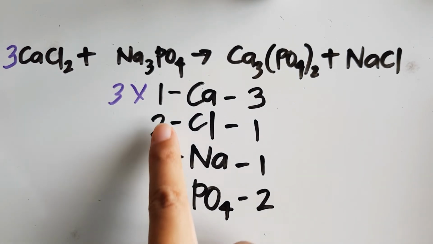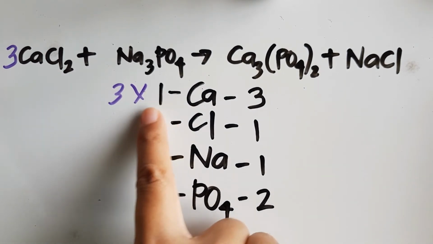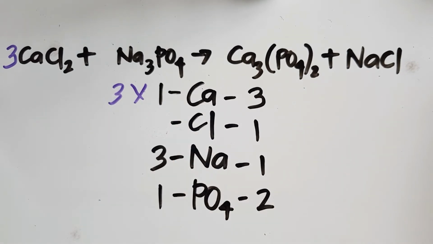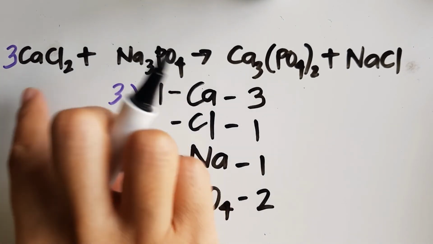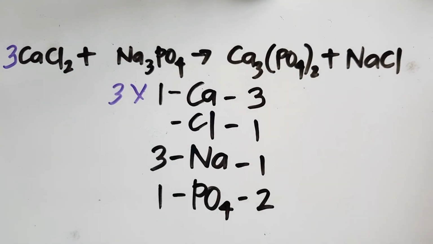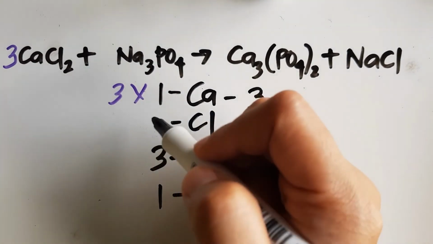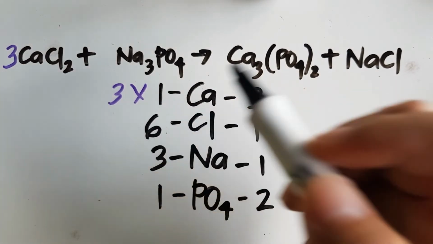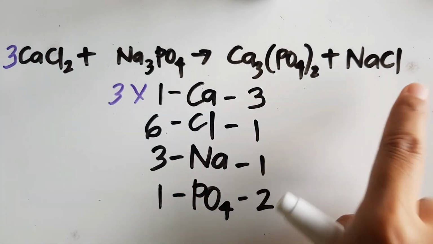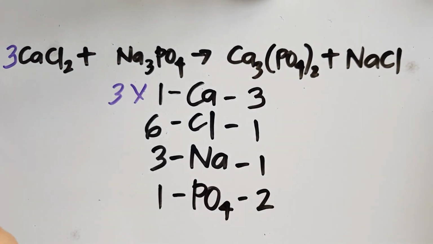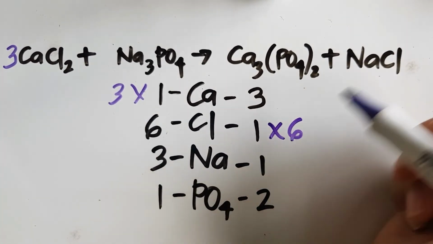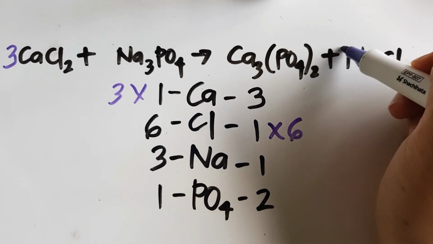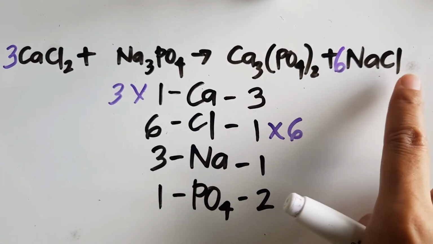So instead of 2, we are changing it to 2 times 3, we have 6. And then on the right, we have 1. And then multiply that by 6. So coefficient of 6 beside the whole term, NaCl.